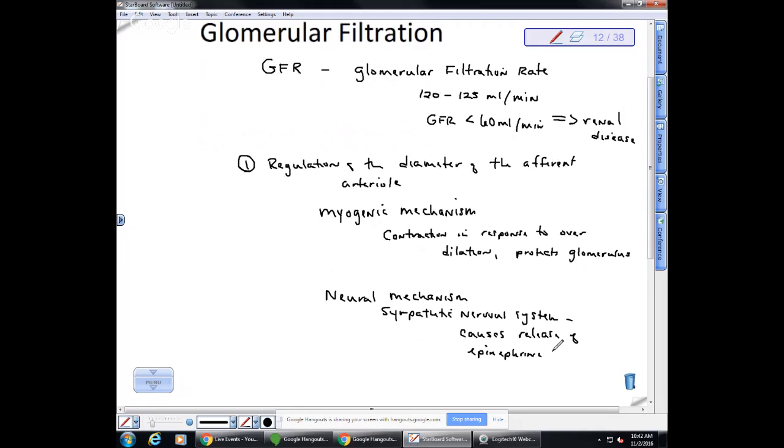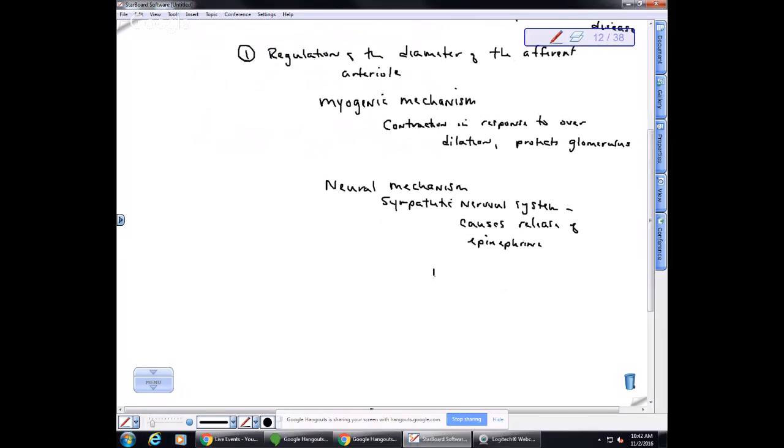Do you remember what epinephrine causes? Remember that EpiPen causes constriction, right? So this causes blood vessel constriction. That's another thing that's going to affect the flow of blood into the glomerulus.